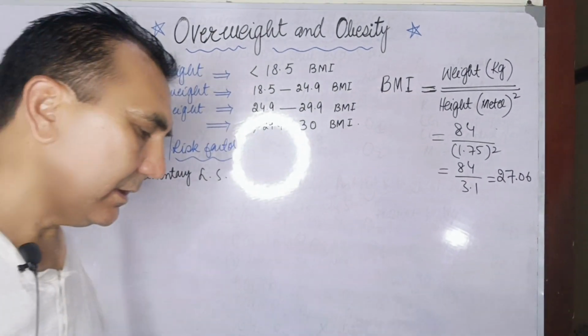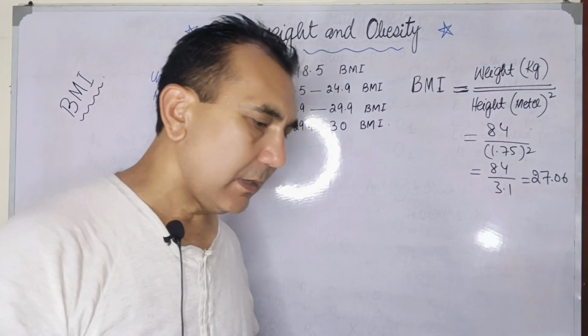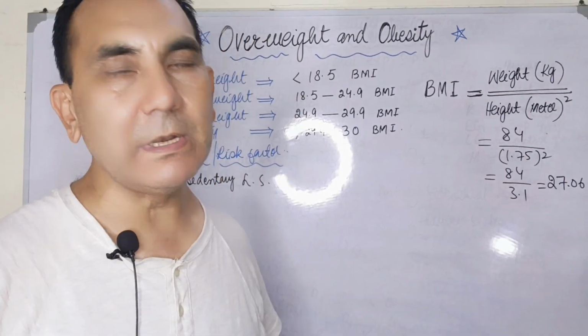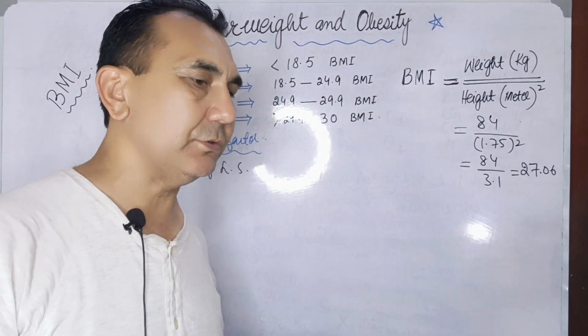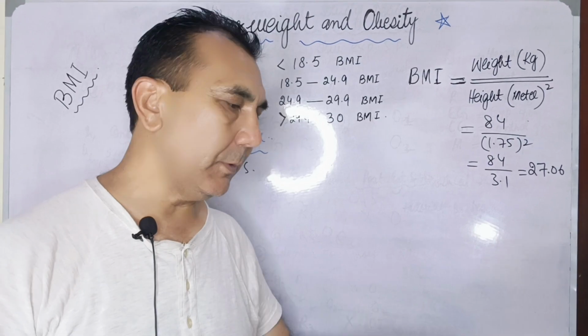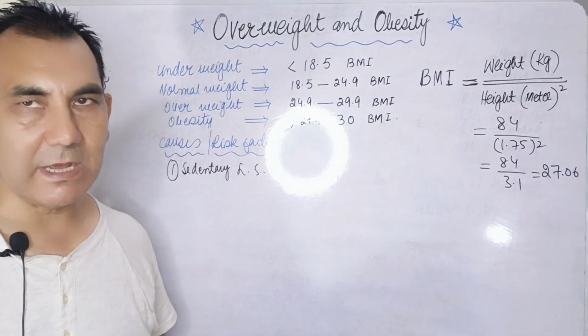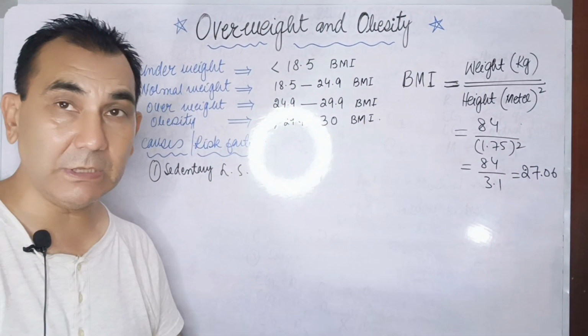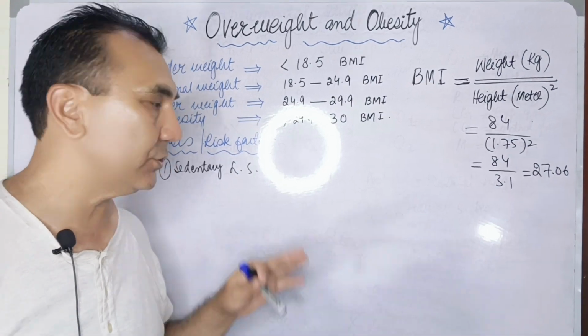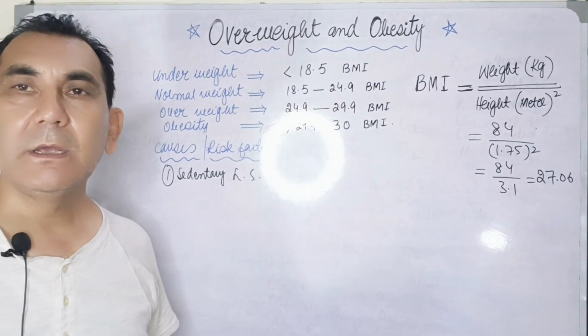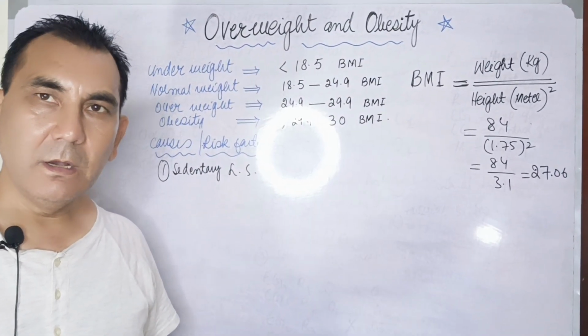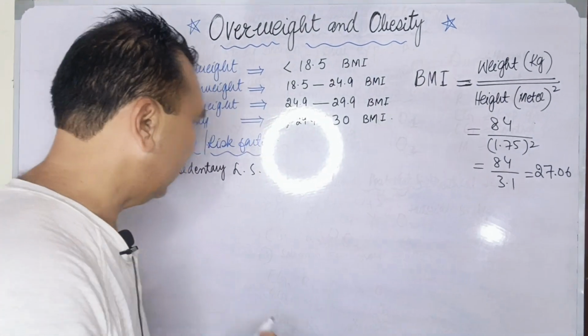It means passivity has increased due to the luxurious life adopted by people. When people adopt a luxurious life, activity decreases among the population, and as a result overweight and obesity increase in the population.